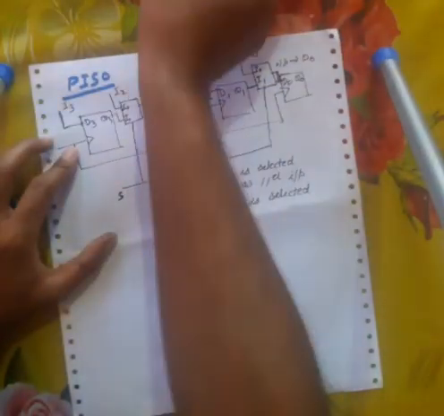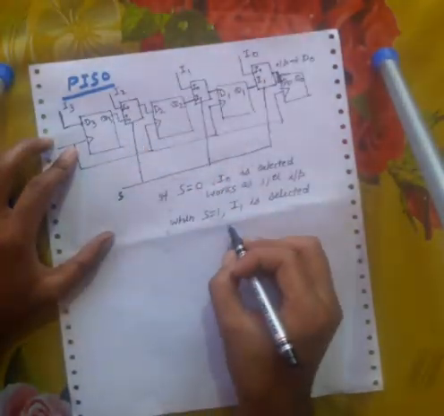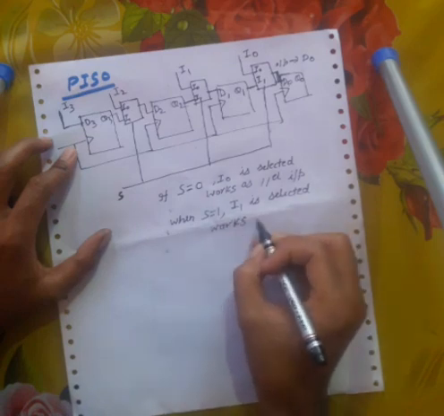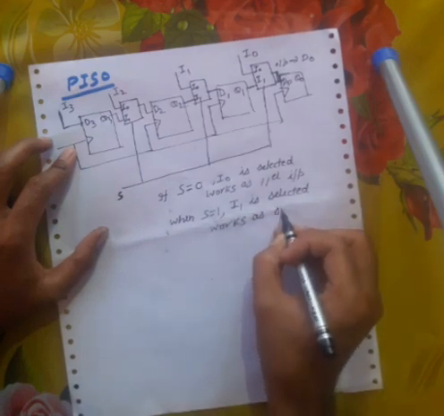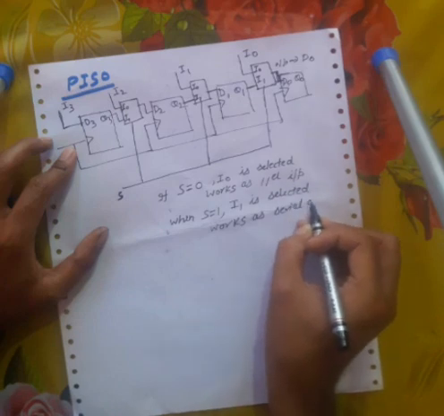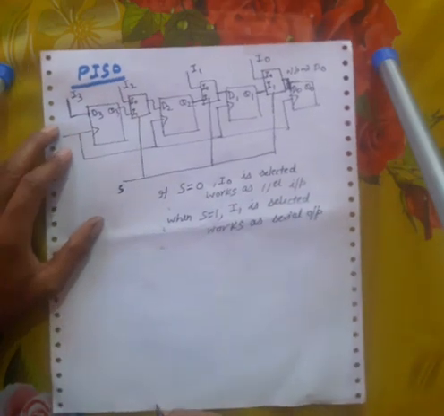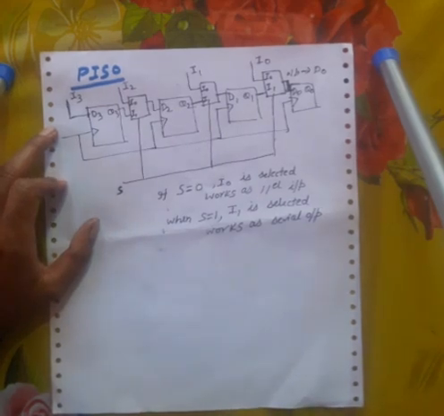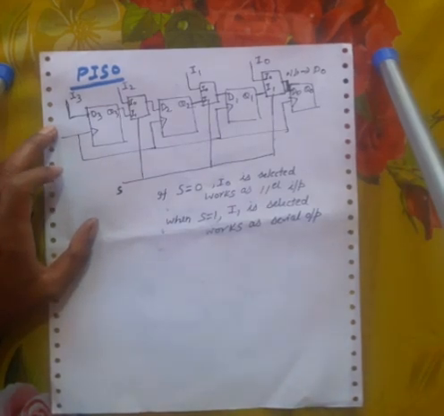It is just like your shift register. This is your serial output. So S equal to 1 works as serial output. Serial output means 1 bit at a time. So in this way you can implement parallel in serial out register.